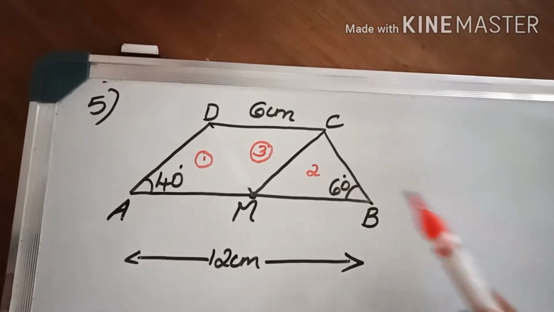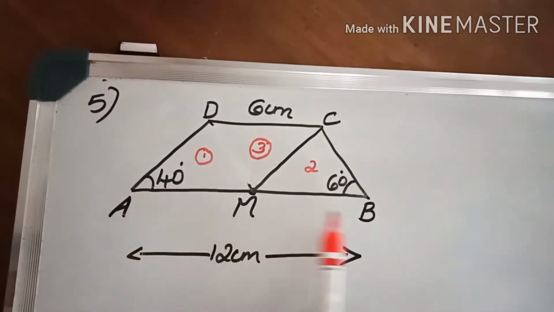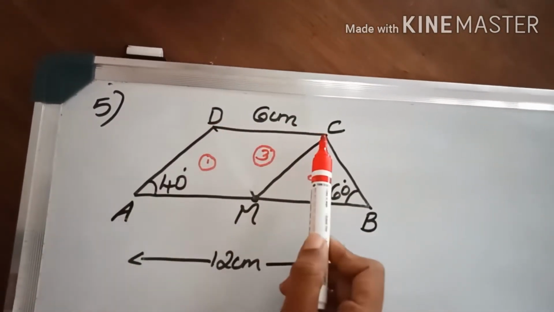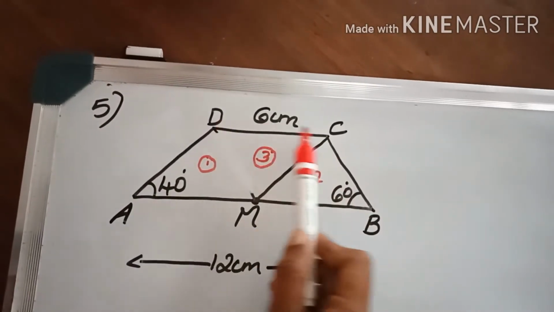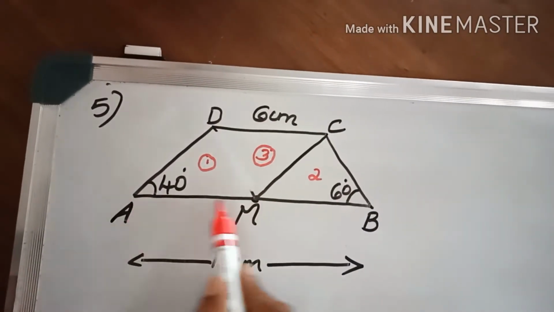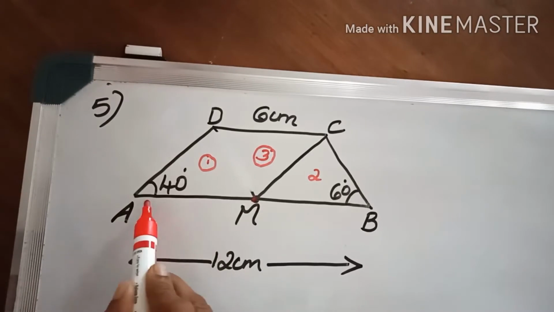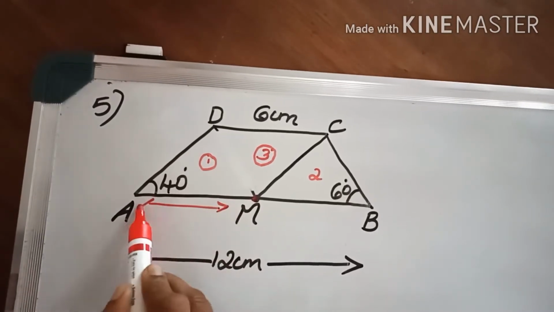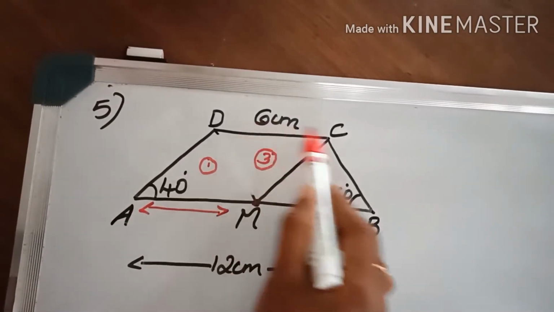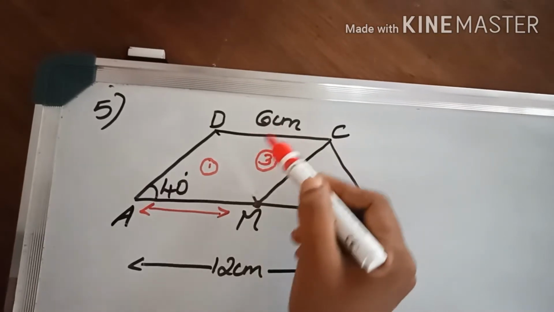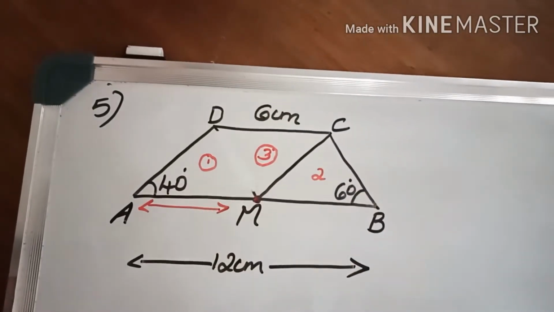Now it is given AB is parallel to DC. So AB parallel to DC means this side AM is also parallel to DC. That means two opposite sides are parallel.